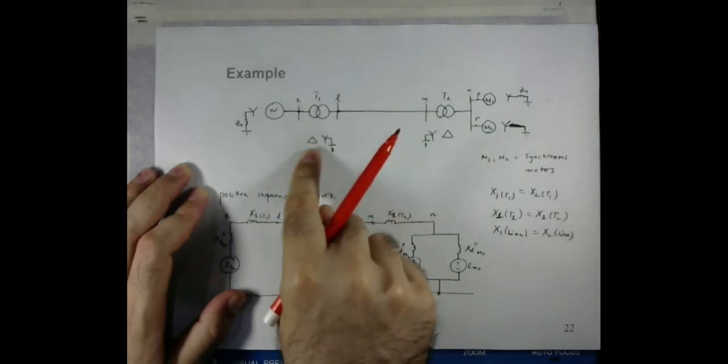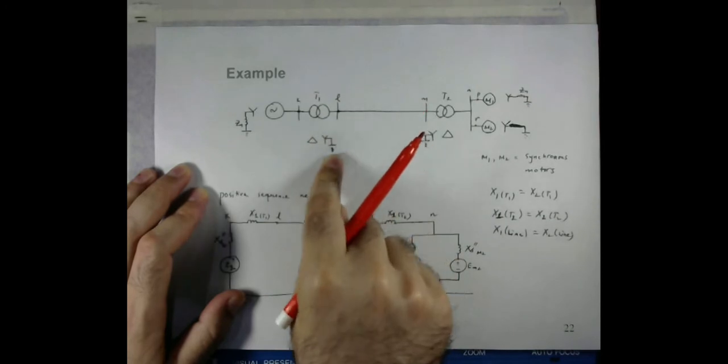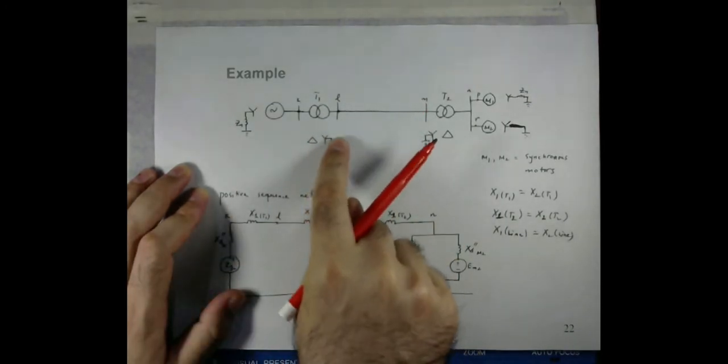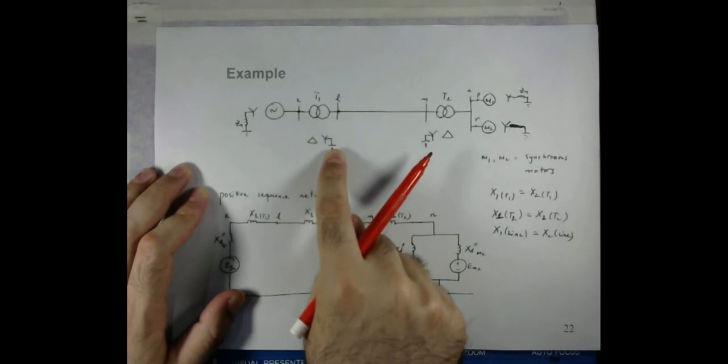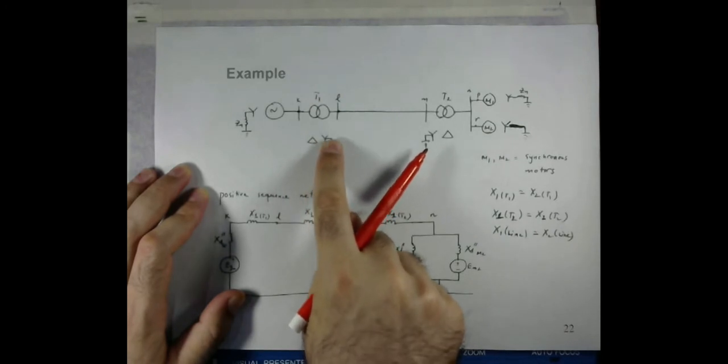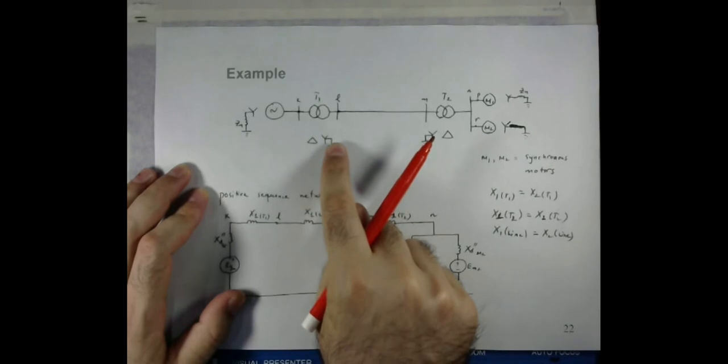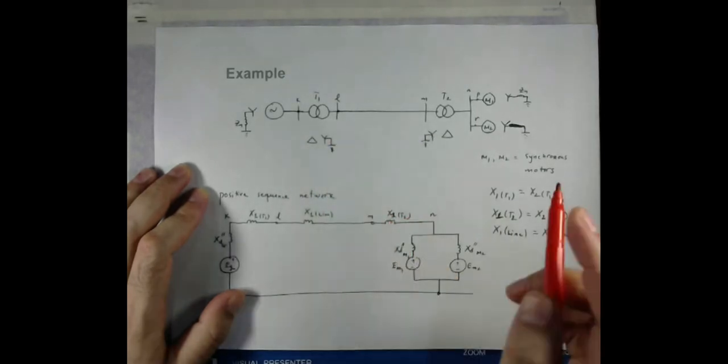The circuit will be isolated for the zero sequence network. We will come back to that point. So this is the transformer where the primary side is delta, the secondary side is the Y connection, the neutral is connected to the ground, but there is no impedance. The impedance to the ground is zero.